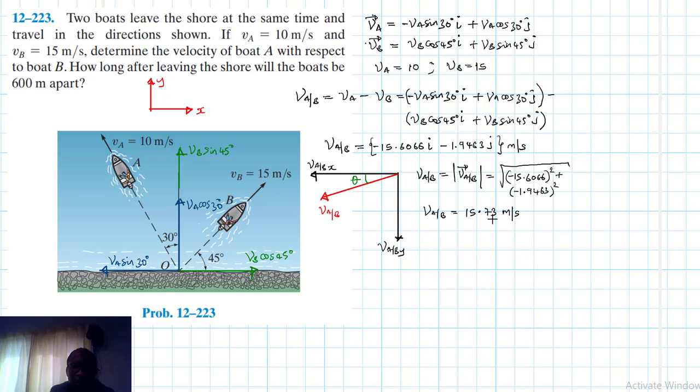Alright, let me just check one thing. 10 cos 30 minus 15 sin 45. Alright, it's okay. And then 10 minus 10 sin 30, then minus 15 cos 45, 15.6066. Okay, that is fine. So let's find the angle also.